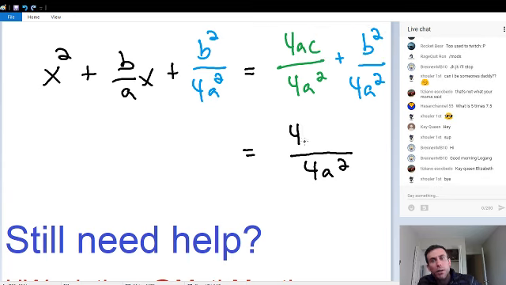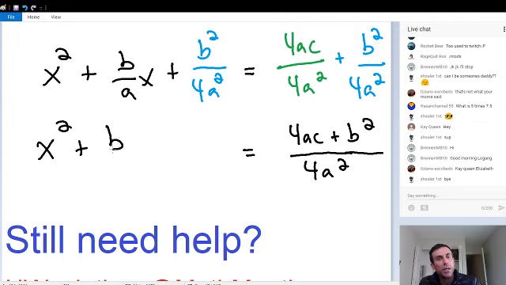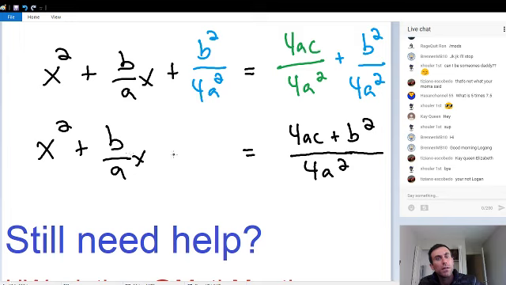And the left-hand side stays exactly the same: x squared plus b over ax plus b squared over 4a squared.